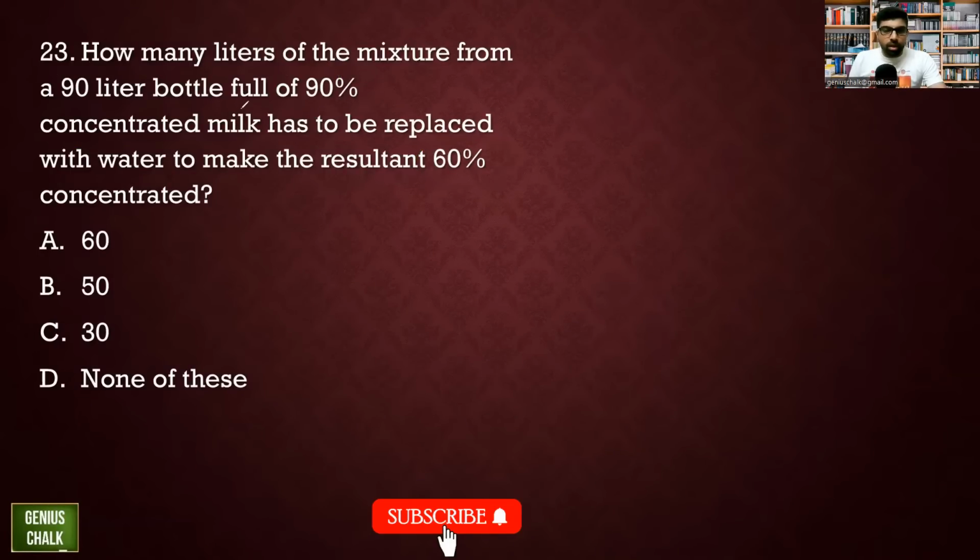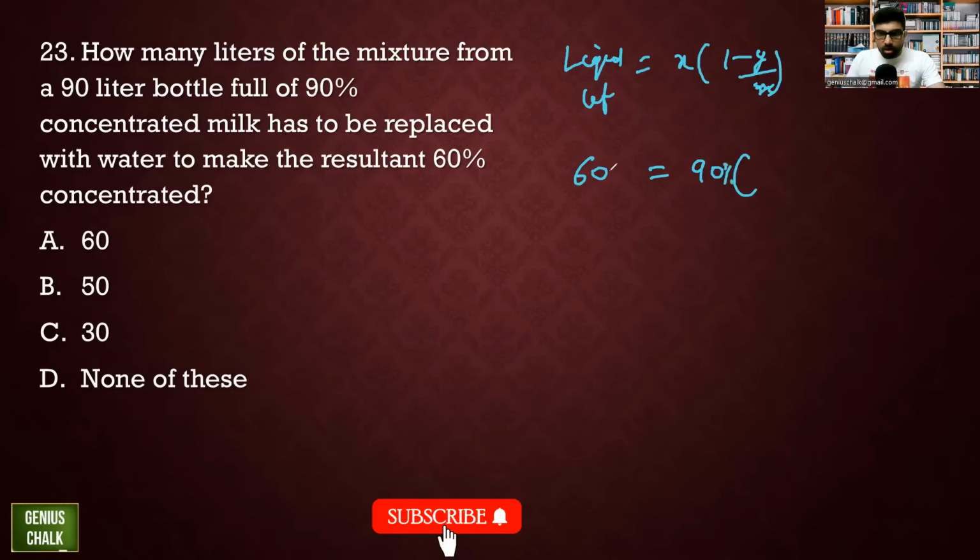We are left with 60% of milk. Actual was 90%. The formula is: amount of pure liquid left is equal to X into 1 minus Y by X. So 90%, 60%, percentage cancels. Y needs to be found, and this X was actually 90 liters.